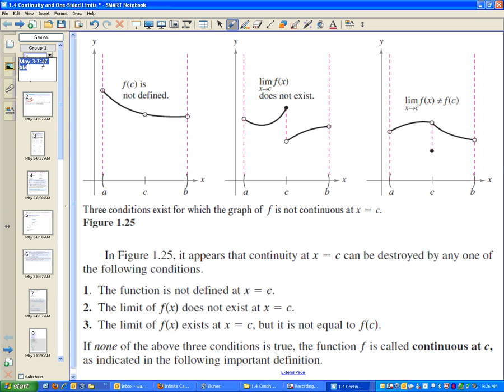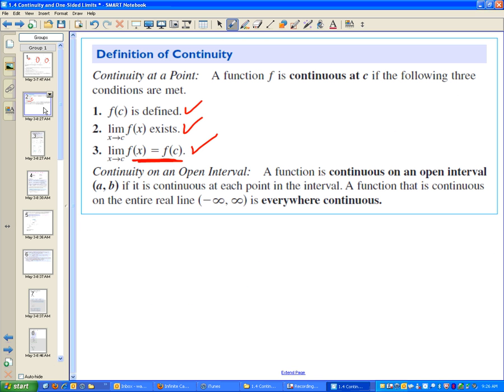Here's what happens if the first condition's not met. Here's what happens if the second condition's not met. Here's what happens if the third condition is not met. So all three conditions have to be met for it to be continuous at x equals c. You'll need to know those three conditions. Okay? You'll need to know those.